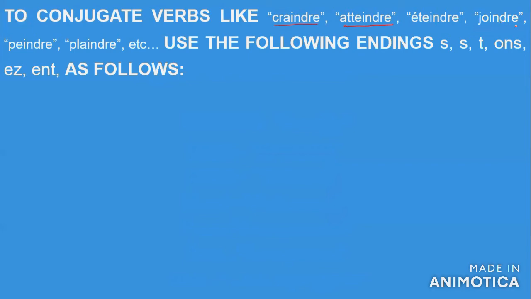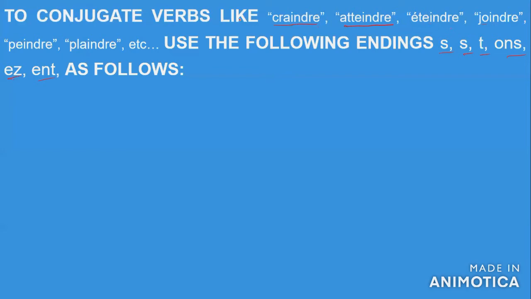Joindre, to join. Peindre, to paint. Plaindre, to complain. And these are the endings to use to conjugate this type of verb, okay? So now, how can I identify this verb? You see, we have E or D N I.